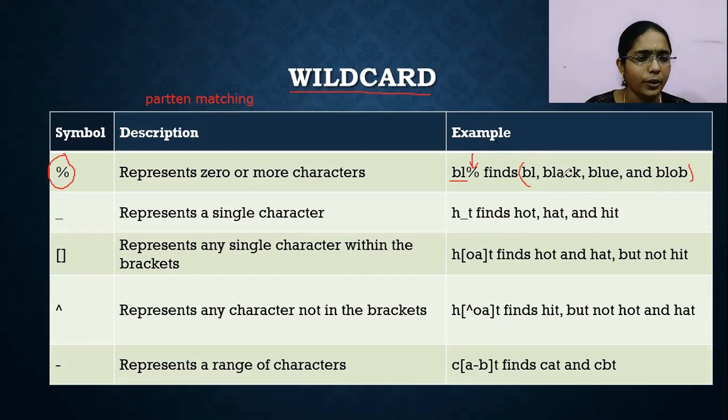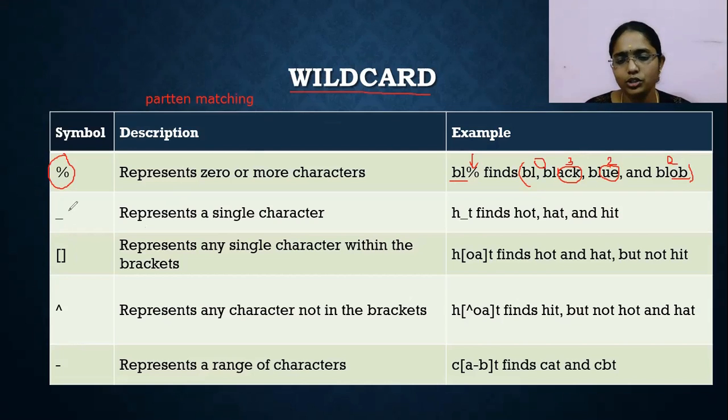You can notice here BL is the prefix, and after this we can have any number of characters, right? Here I have one string called BL with no more data, so 0 characters after it. After this, how many characters are there? 3 characters, then 2 characters, then 2 characters. So during a pattern search, if you give percentage, what does it mean? The word should start with BL, and after that it can have any number of characters or 0 characters. That is the meaning of percentage.